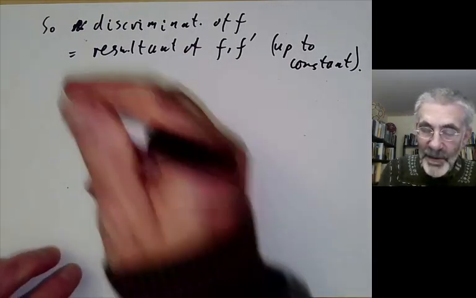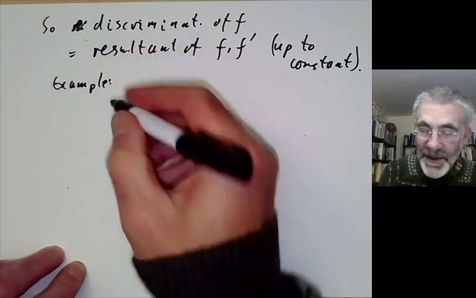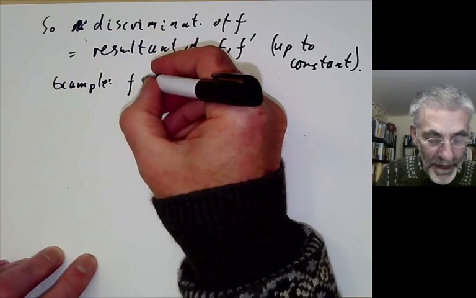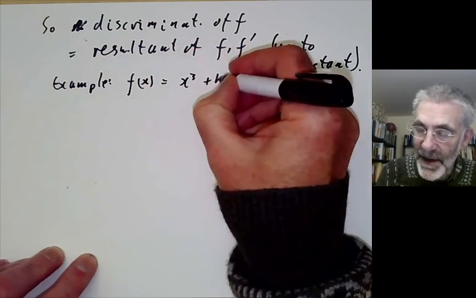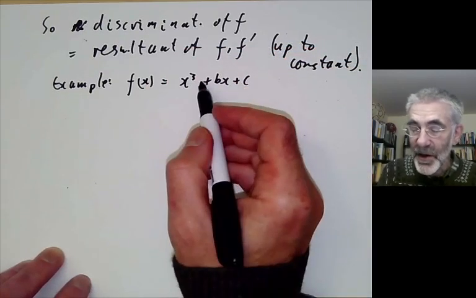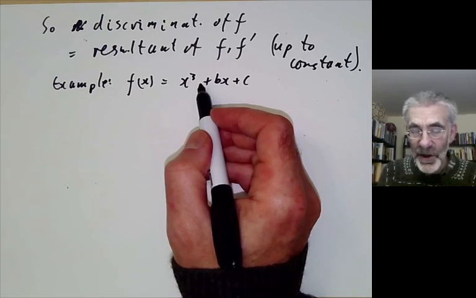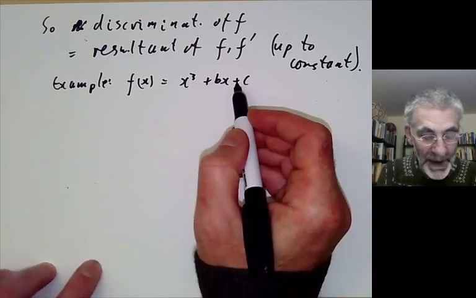So let's do an example of this explicitly. So let's take f to be a cubic, and I'm going to take it to be x cubed plus bx plus c. And you see I'm omitting the coefficient of x squared. You can get rid of the coefficient of x squared just by adding a constant to x, so we aren't losing much generality.